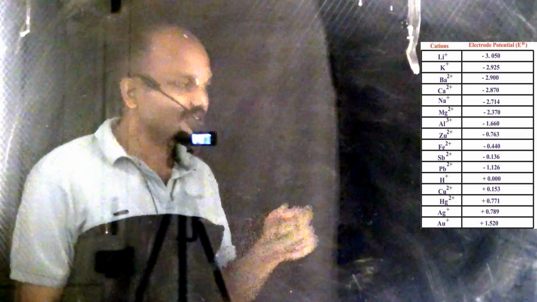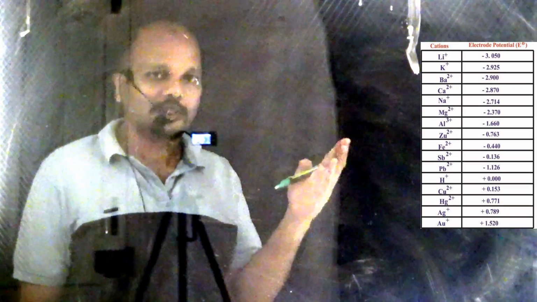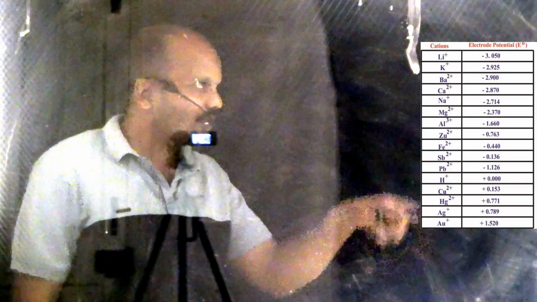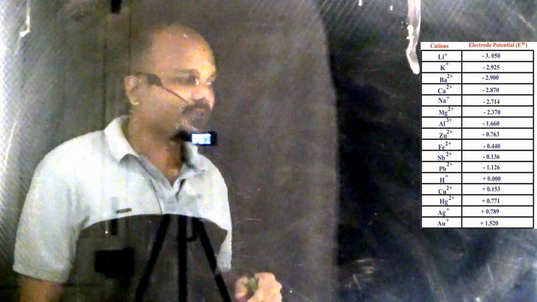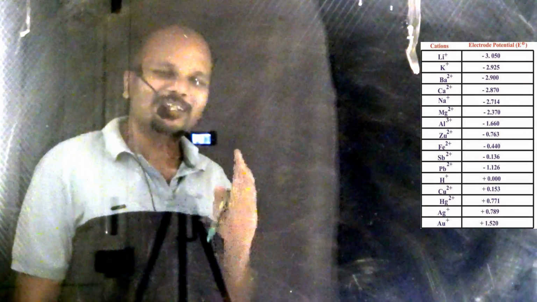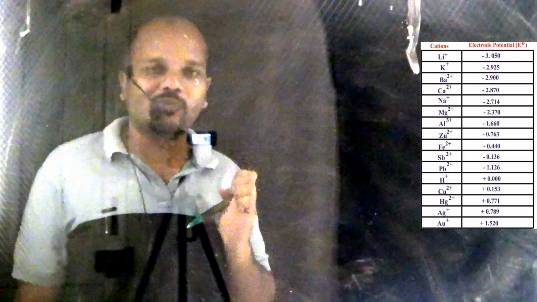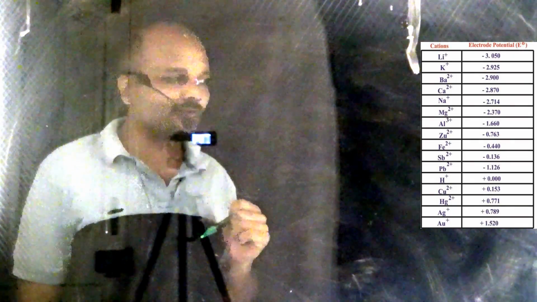Below hydrogen there is copper, silver, and gold. So these elements are below hydrogen in the reactivity series. It is very easy to find out which product will be forming in an aqueous solution.